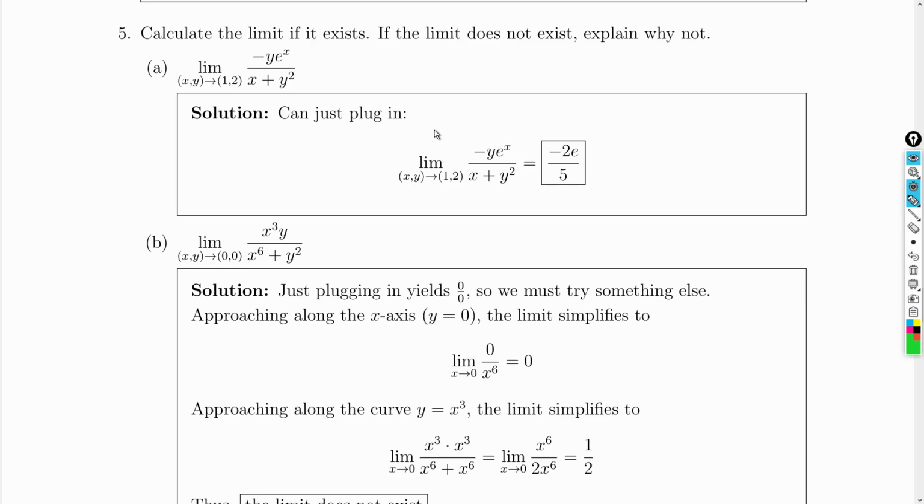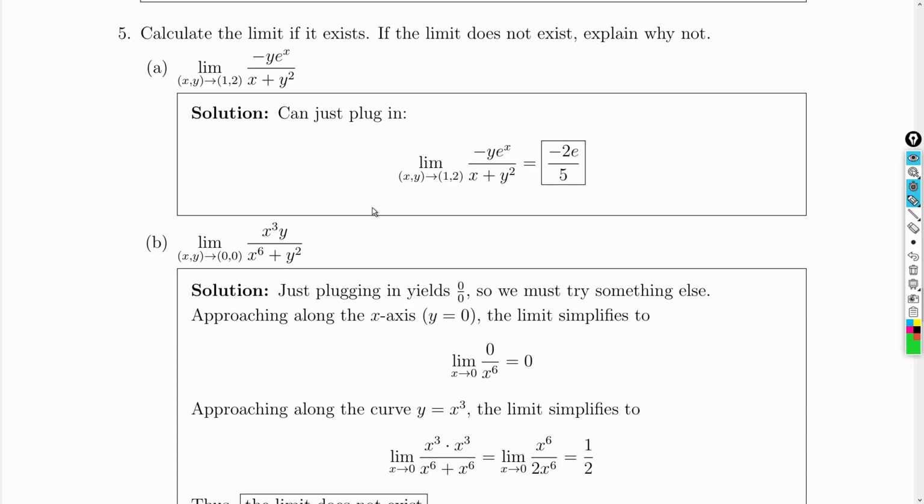Technically, there's something to do with continuity there, but pretty much all the time, if you plug in and it works, that means that that is the limit. I'm struggling to think of an example where that's not the case.